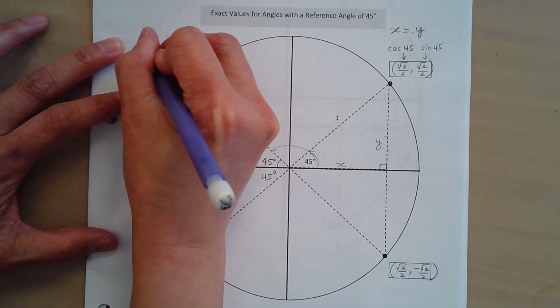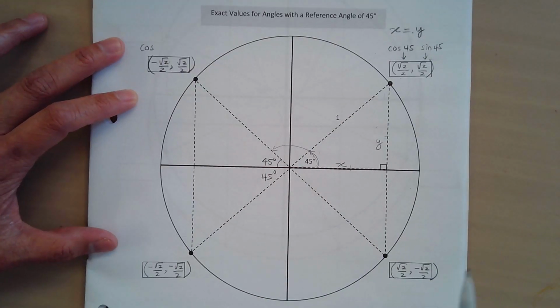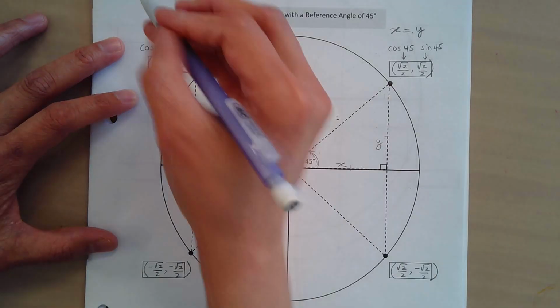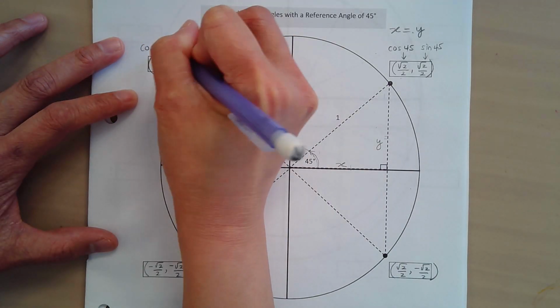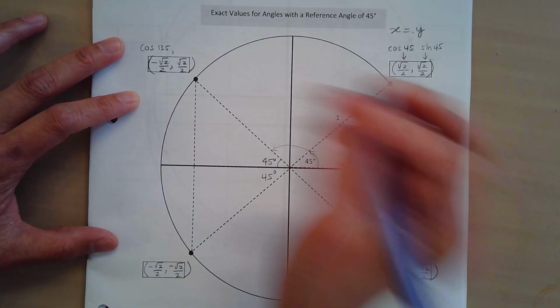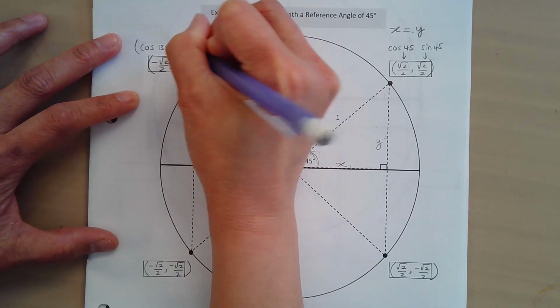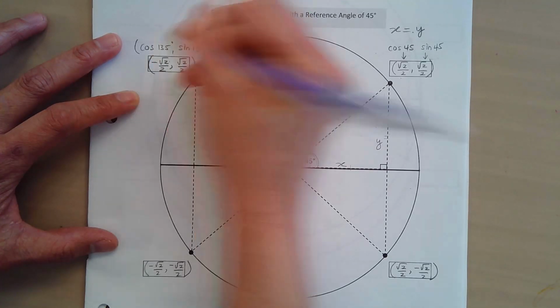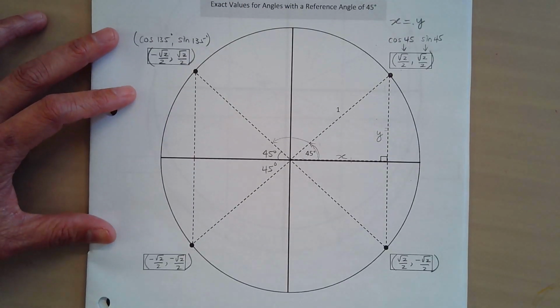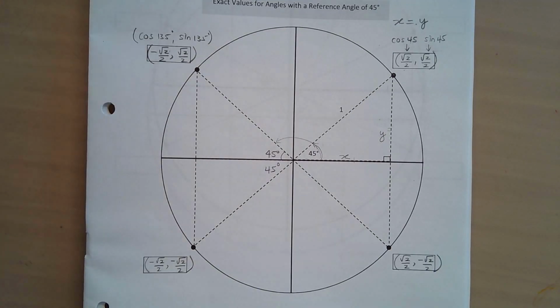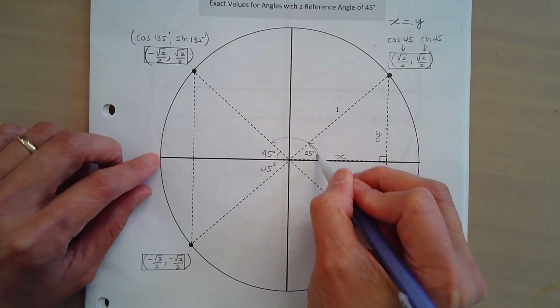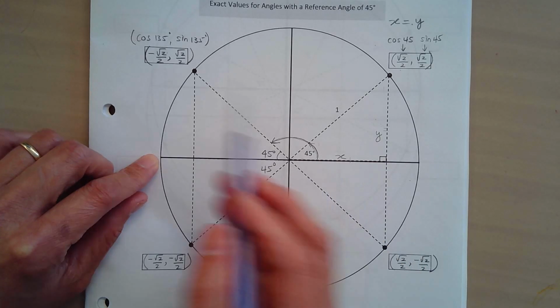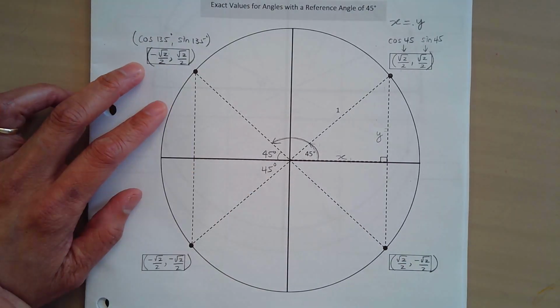This is going to be cos of 135 and sine of 135. And how did we get 135? Or how did I get 135? 180 minus 45. Yeah, this angle in standard position really is cos of 135.